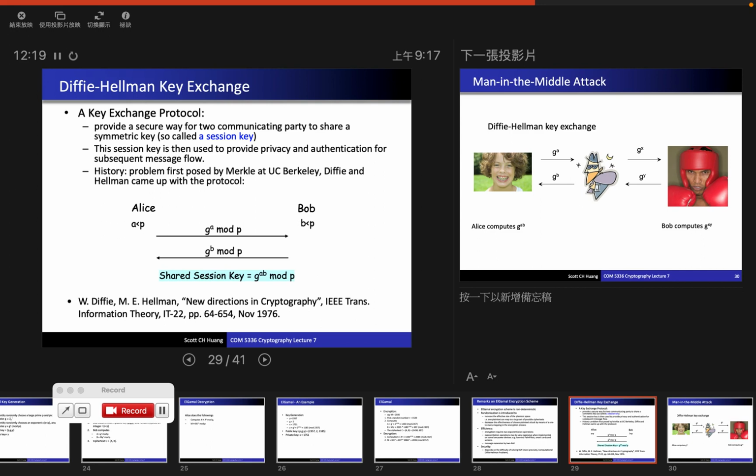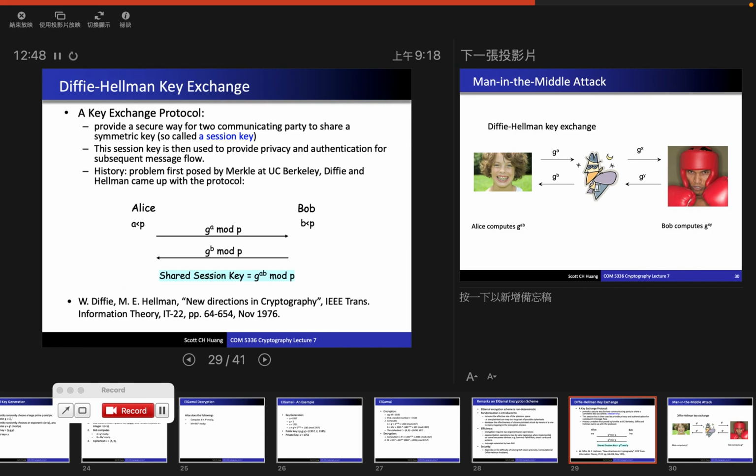Alice generates a number A, and Bob generates a number B, and they don't tell anybody. Alice calculates G to the power of A mod P and sends it to Bob. Bob also calculates G to the power of B mod P and sends it to Alice. And the shared session key is G to the power of AB mod P.